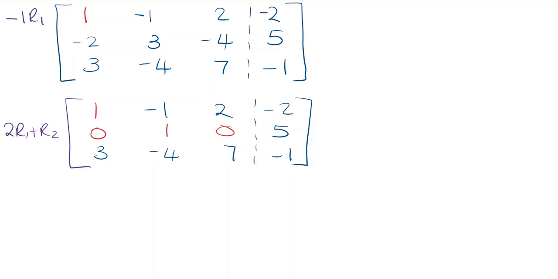And 2 times -2 minus 4 plus 5, this will become a 1. Rewriting out my matrix again: 1, 0, 1, 0, and -2, 3, -4, 7.